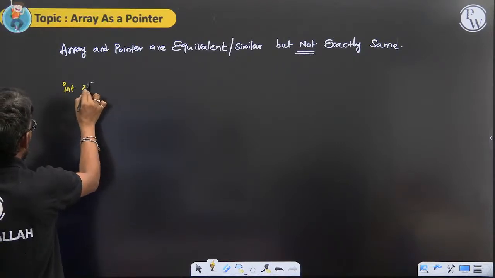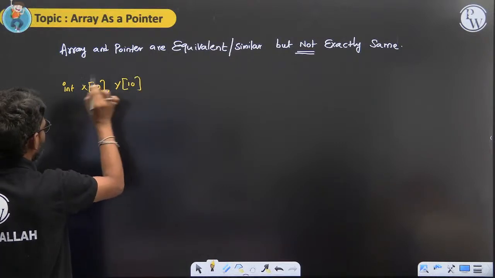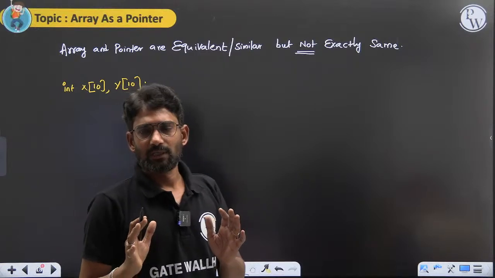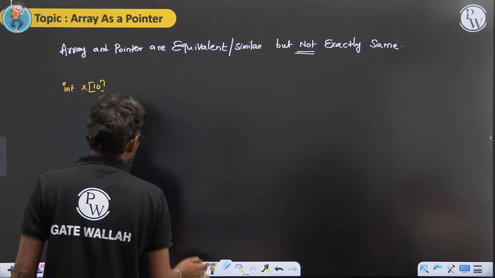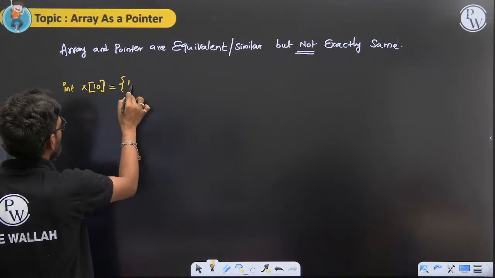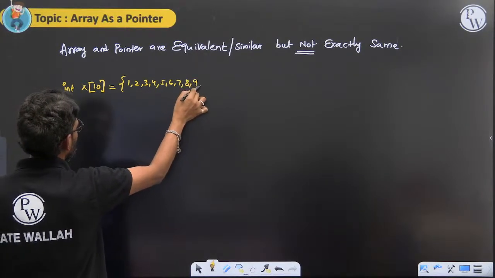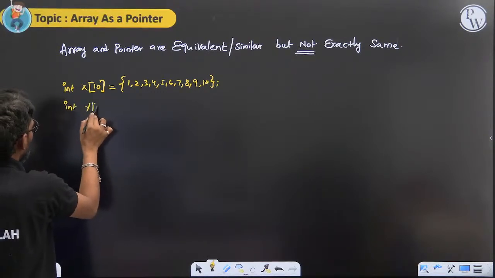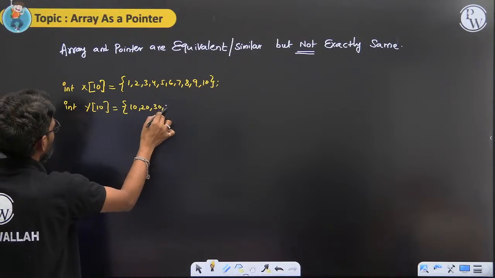See, there are two arrays: int x[10], y[10]. Listen carefully, beta, everyone listen carefully. x[10] = 1, 2, 3, 4, 5, 6, 7, 8, 9, 10. y[10] = let us say 10, 20, 30, 40, 50, and so on to 100.